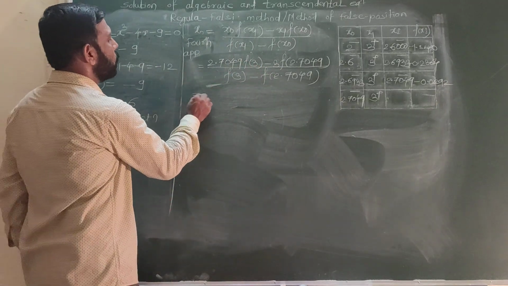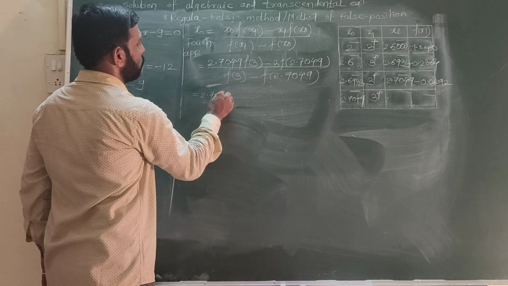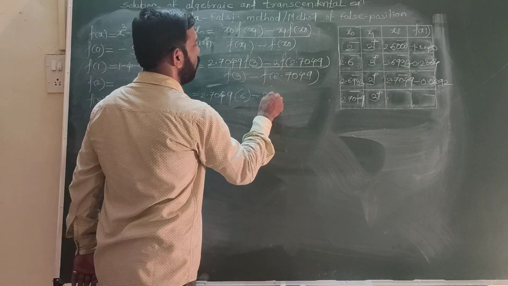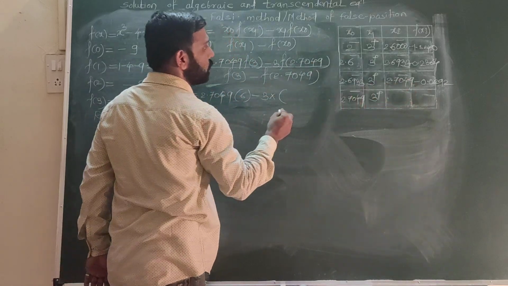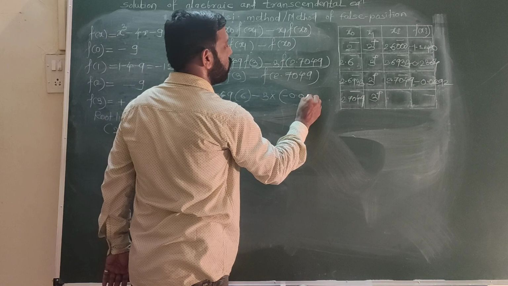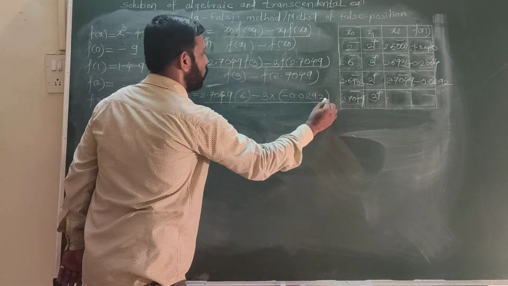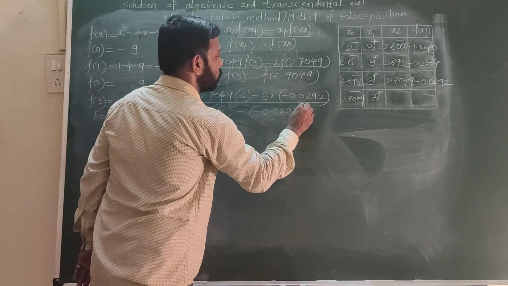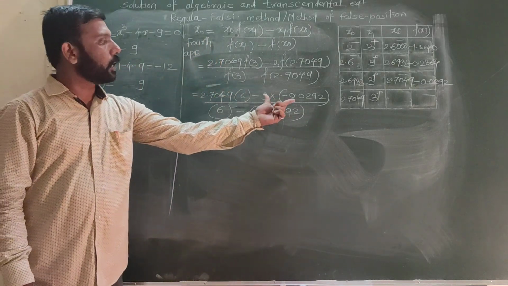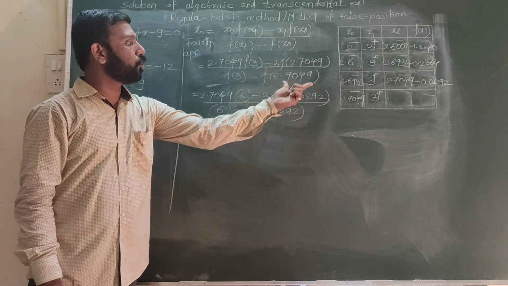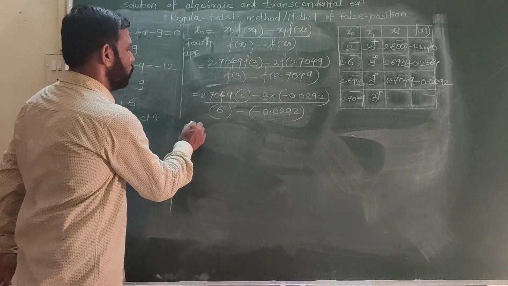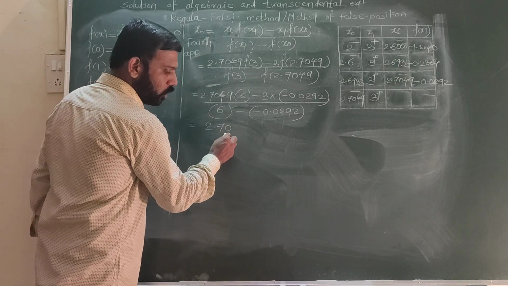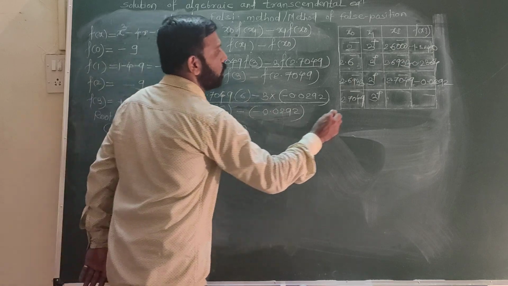We substituted f of 3, 6 minus 3 into this value, the previous value in the table we calculated. This is the calculation, this is the output of these expressions, which equals the fourth approximation, 2.7063.